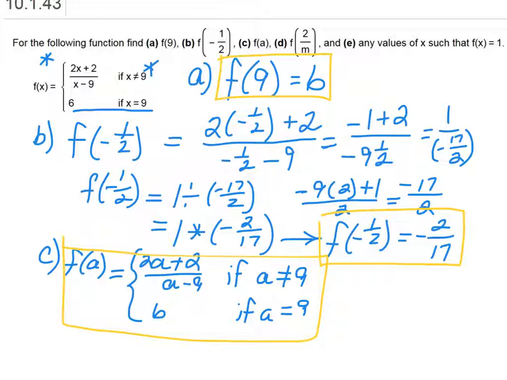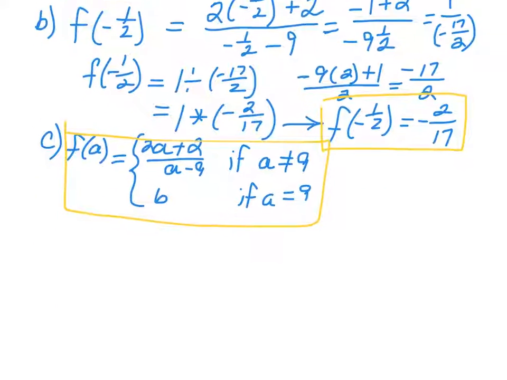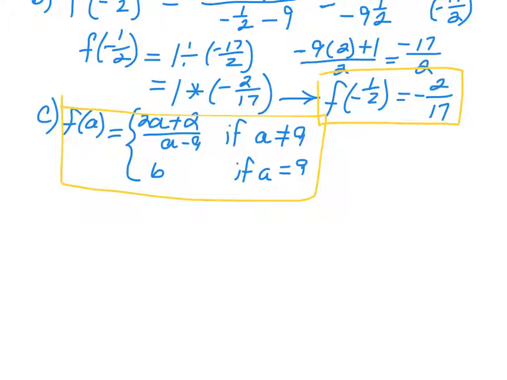Part D says find f of 2 over m. So to find f of 2 over m, we're again going to replace the variable with 2 over m.